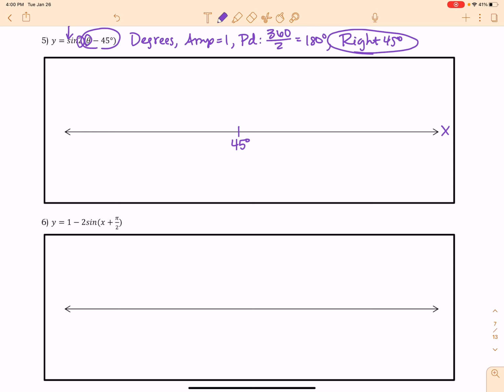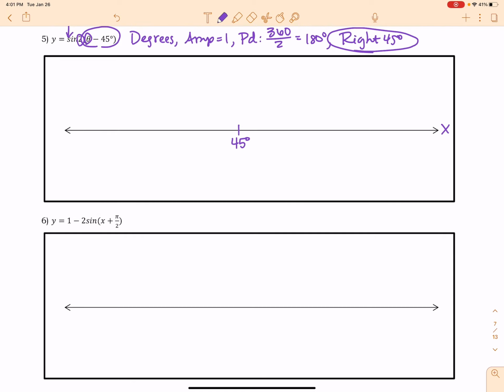Okay, so now what does that look like? Well, I'm going to treat that as my center point. But since from that point I am going to draw one cycle of my graph to the right and one to the left, I'm going to make 4 marks to the right and 4 marks to the left, just like I do when I'm starting at 0. So nothing's different there.